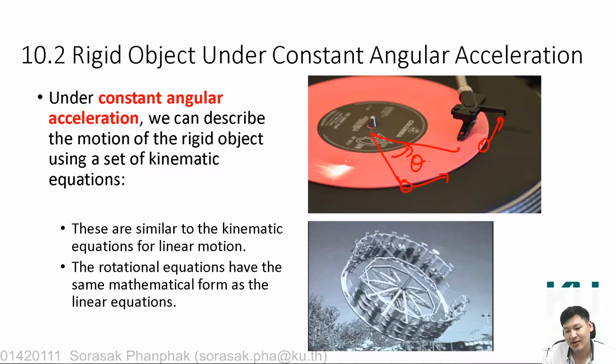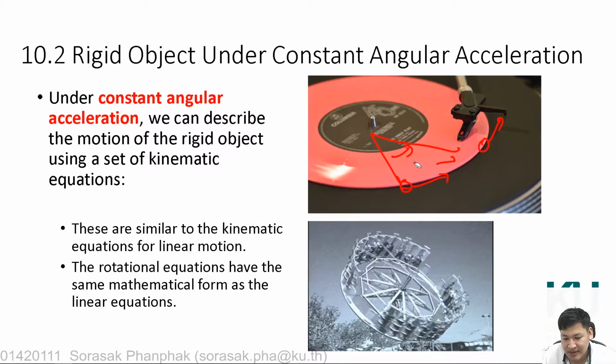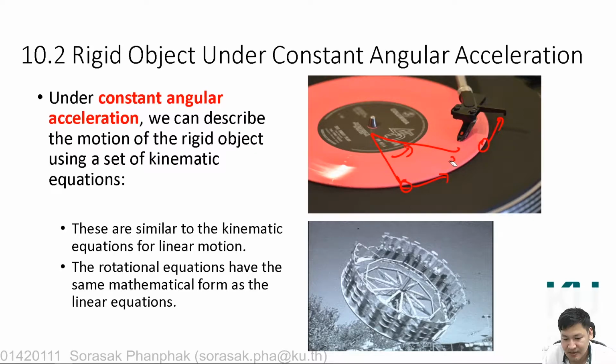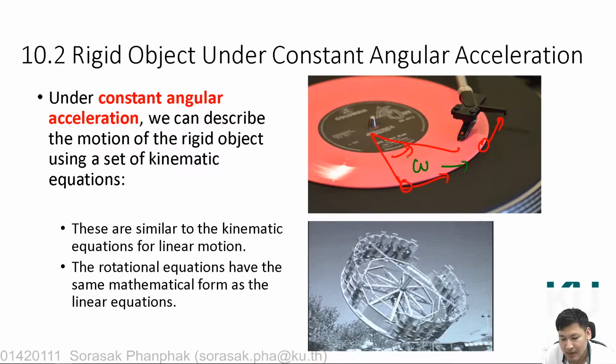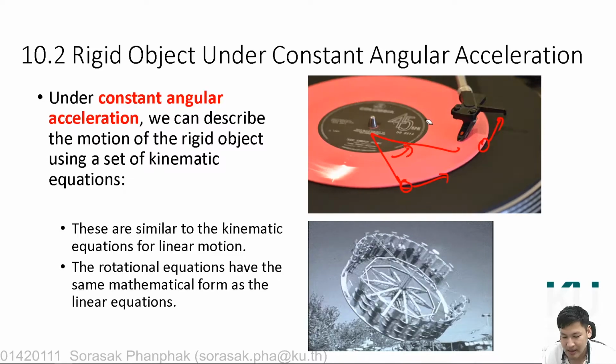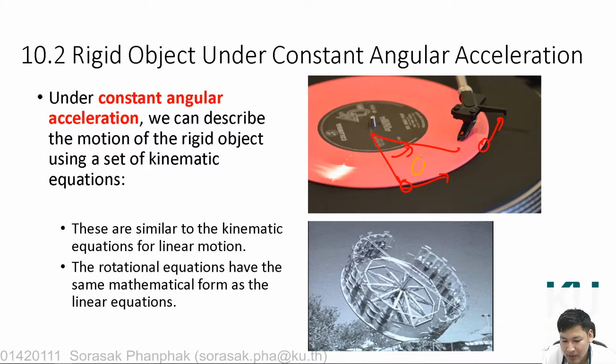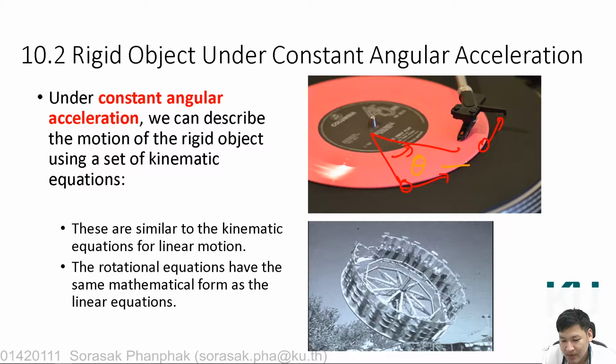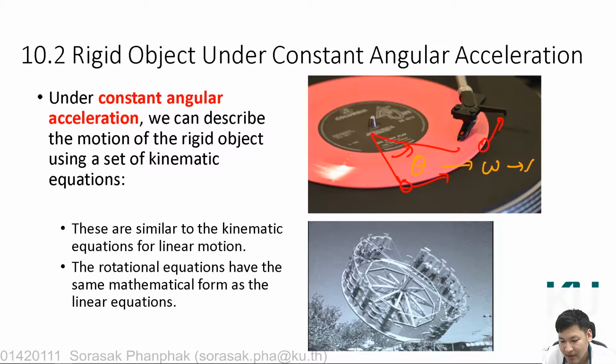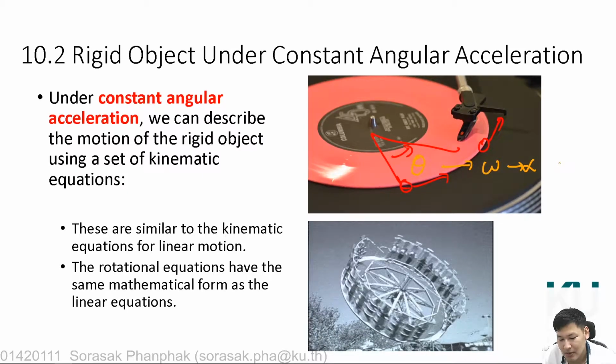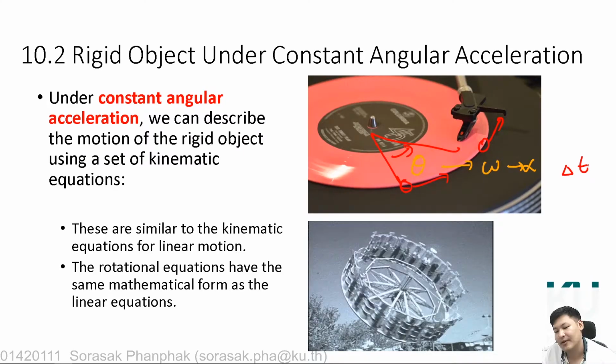Since you know the angular displacement, you can also find the omega and the alpha later, which are related to the time involved through the event.